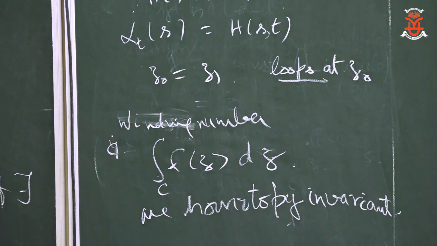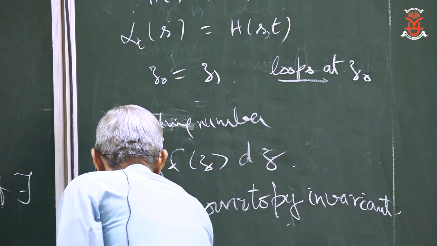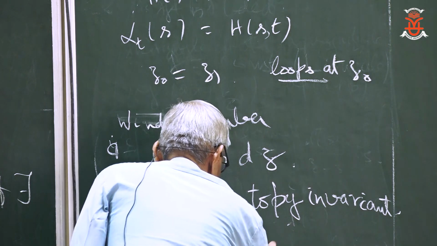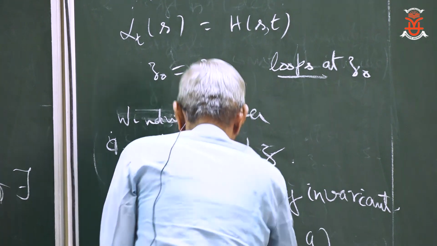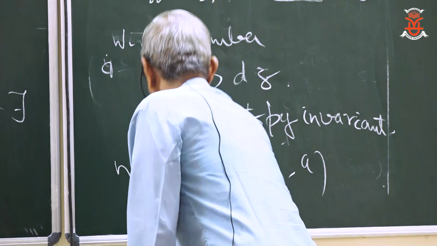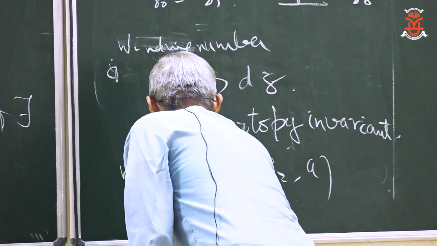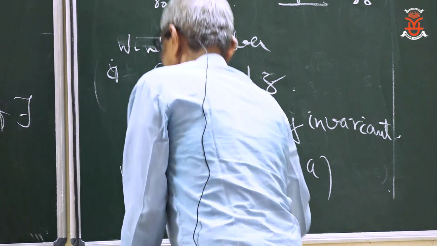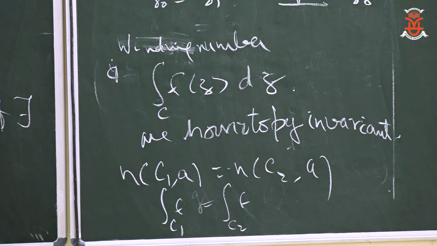Number two, for any analytic function, so all this, what it means is n(C1, a) is equal to n(C2, a) for all a, and the integral over C1 of f(z) dz is the same as the integral over C2 of f(z) dz for any analytic function f.